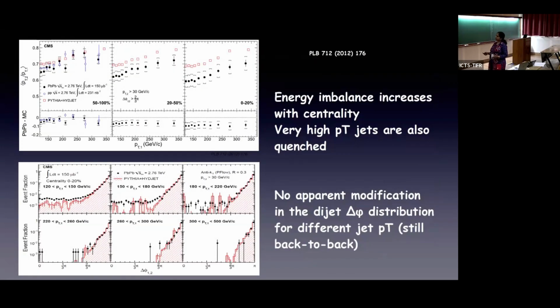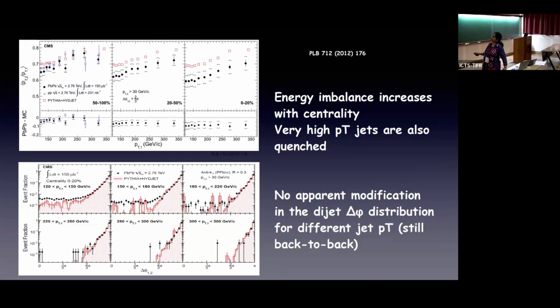So now another way of seeing this imbalance is in terms of this ratio, where the ratio is the PT of the subleading jet over the PT of the leading jet. So this is also a clear way of seeing the same thing we saw in the previous slide. So on the x-axis we have the PT of the leading jet, and on the y-axis we have the ratio.